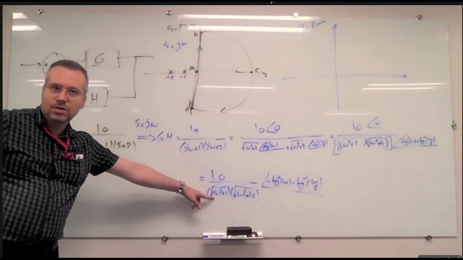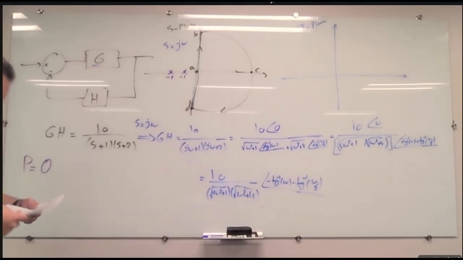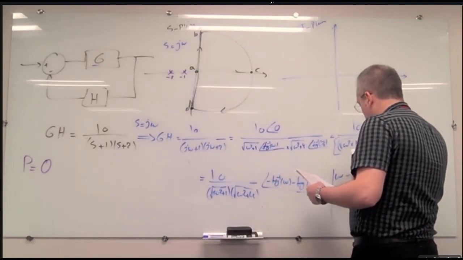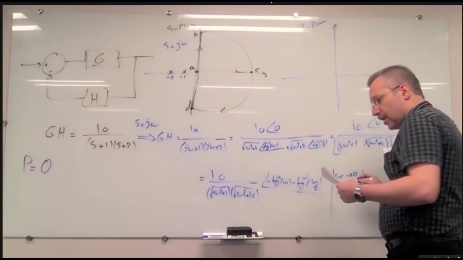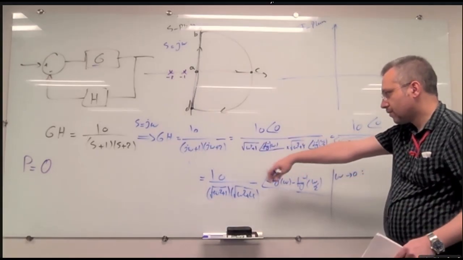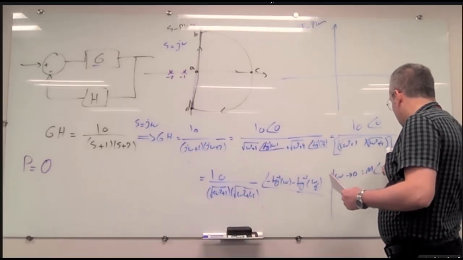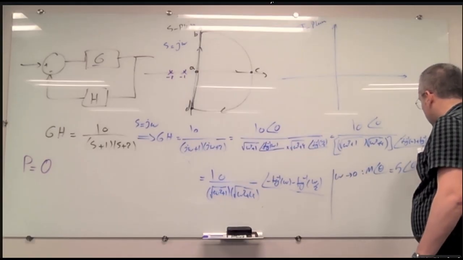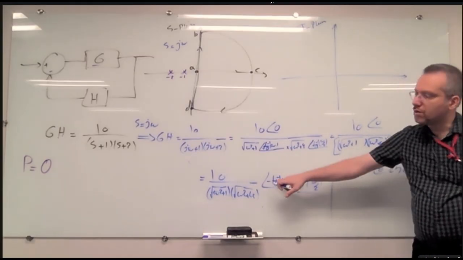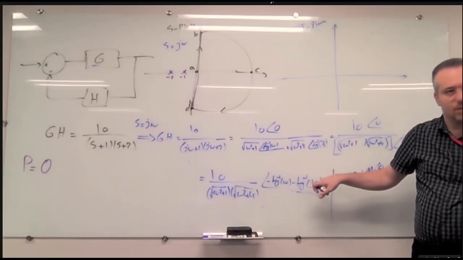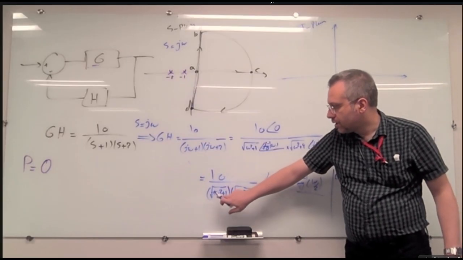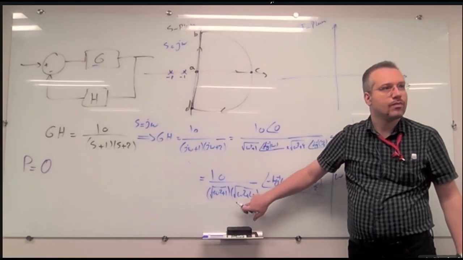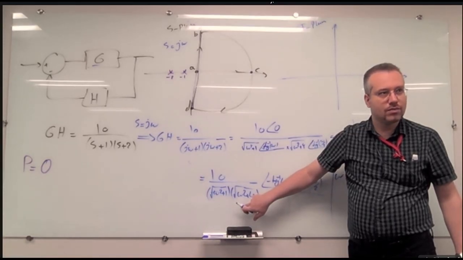Are we good? So if omega is 0, then that phasor, let's say M angle theta, is going to be 5 with a 0 degree. The phase is 0, and if you put zeros in the amplitude, this is going to be 1, this is going to be 2, so it's 10 over 2. Are we good?